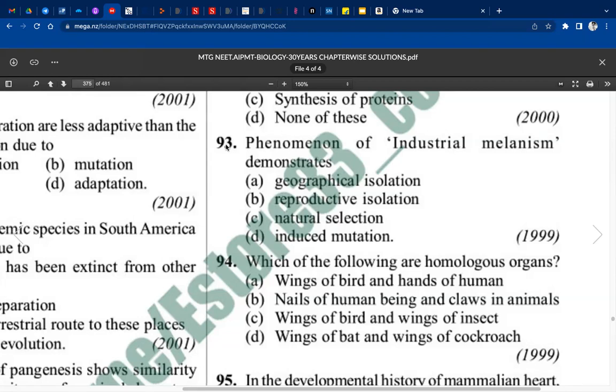That's correct in option, Ellen. Very good. So which one, sir? 93 or 94? 93. Yes, Saifullah, that is correct answer.